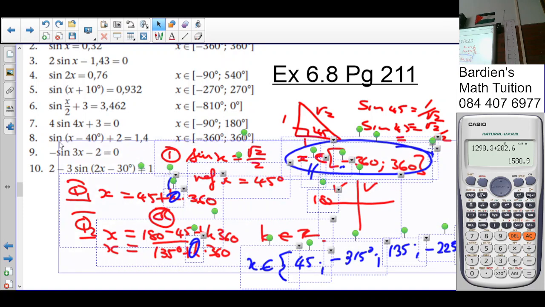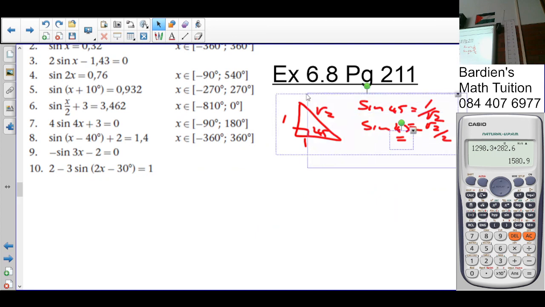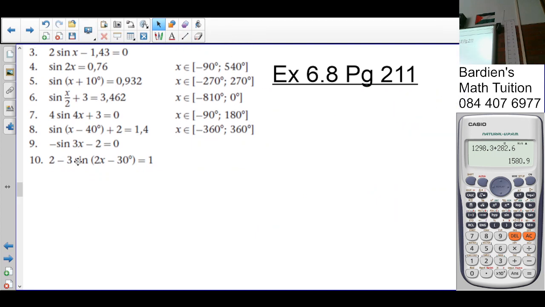Don't forget to list the values in which that occurs. Yeah, only when you are given a restriction, like here, you have to list. If the restriction is not given, then you don't list. Like in number 3, we are asked to determine the general solution first. There's no restriction, so we stop.